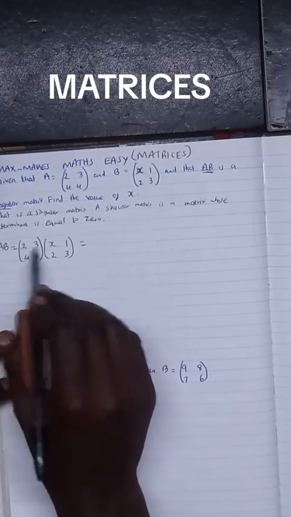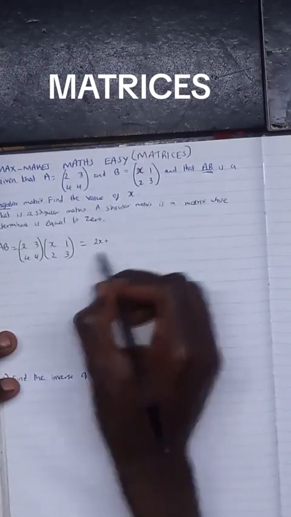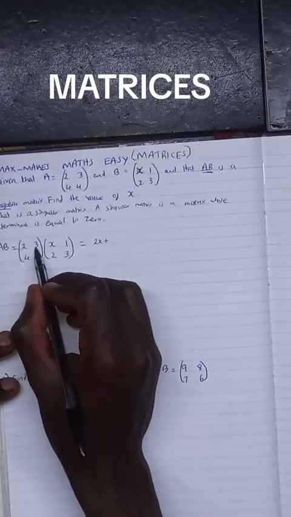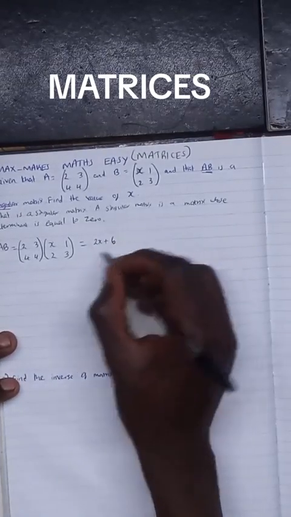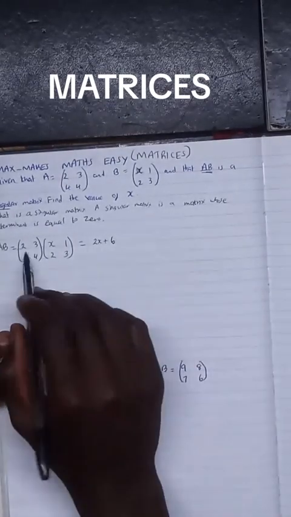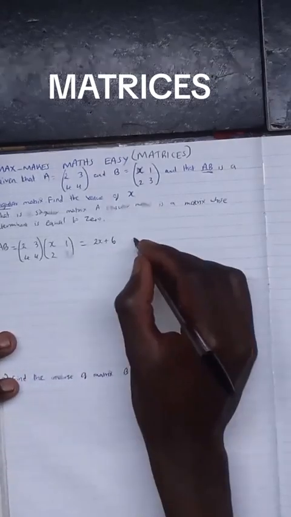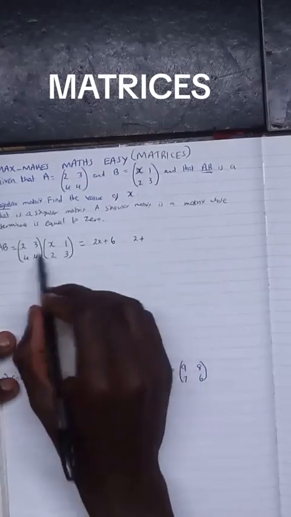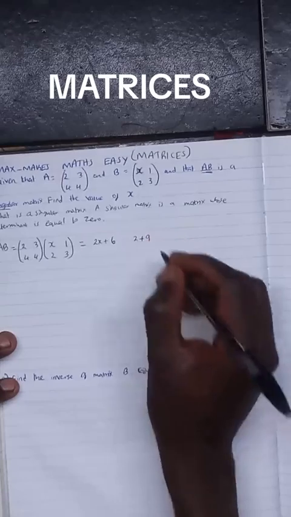It will be 2 multiplied by x, that is 2x, then plus 3 multiplied by 2, that is 6. Then we go to the next one, which is 2 multiplied by 1, this is 2, then plus 3 multiplied by 3, that is 9.